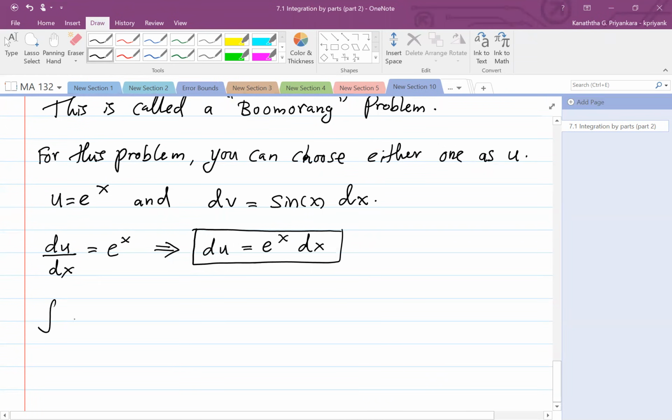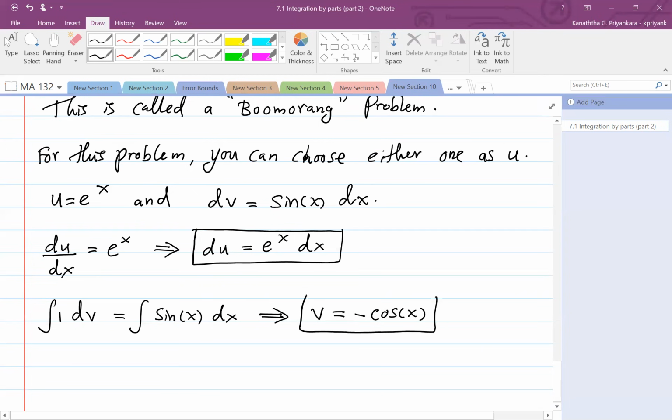We integrate both sides: the integral of dv equals the integral of sine x dx. The integral of 1 with respect to v gives v. The antiderivative of sine x is negative cosine x. So that would be v.